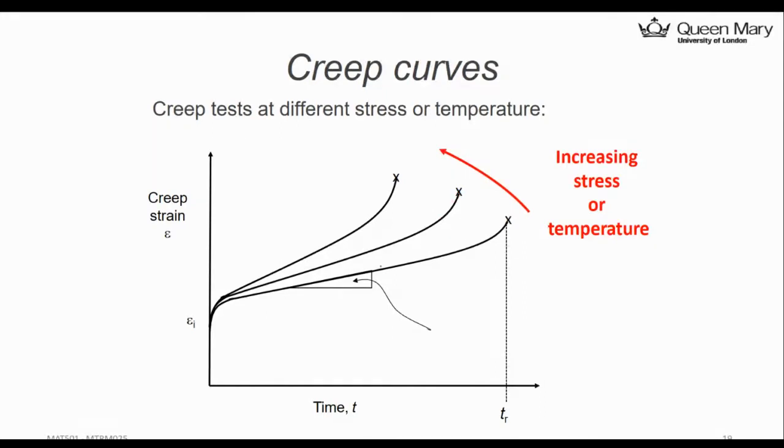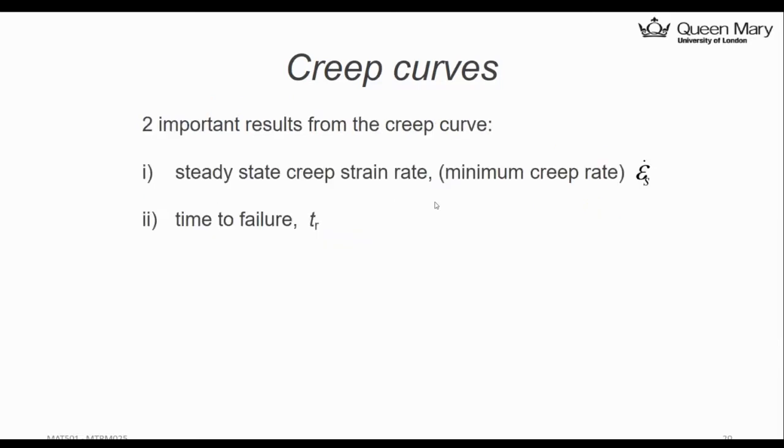So you can see the strain rate is increasing if you look at the gradient of each line here, okay? And it will fail eventually like this. So both will push the curve to the left, okay? Either increase stress or increase the temperature.